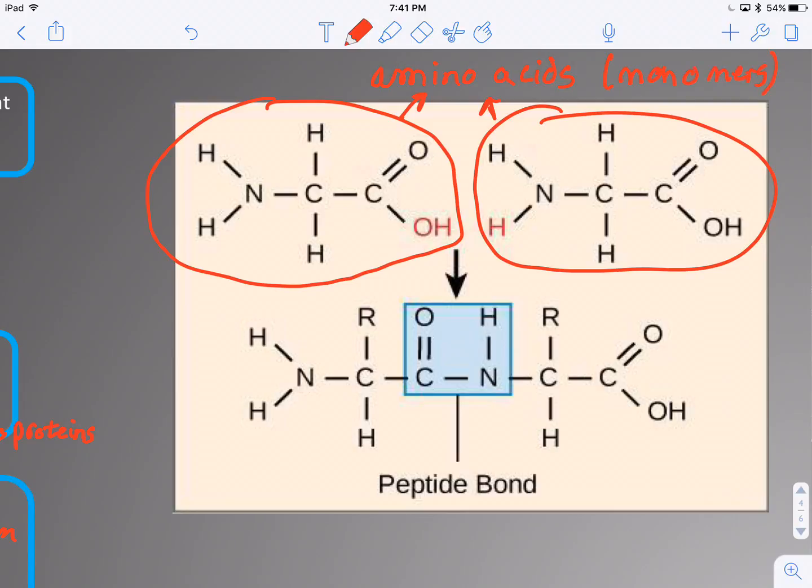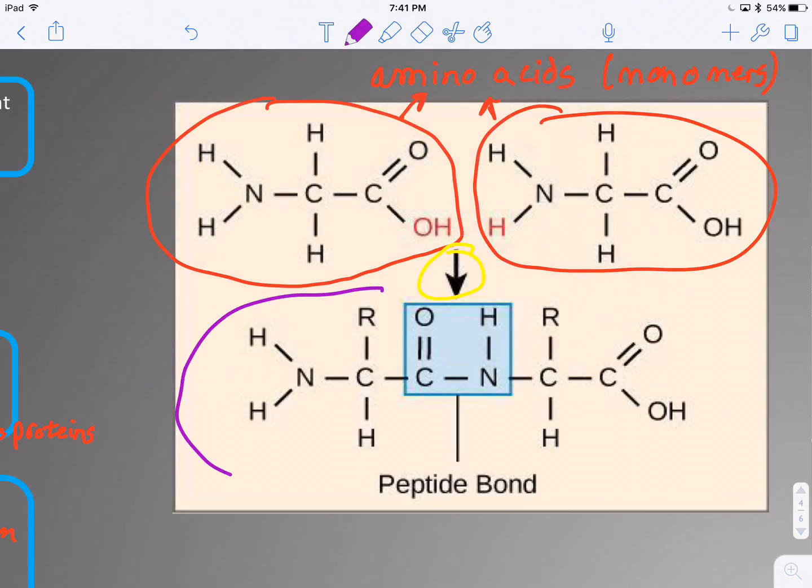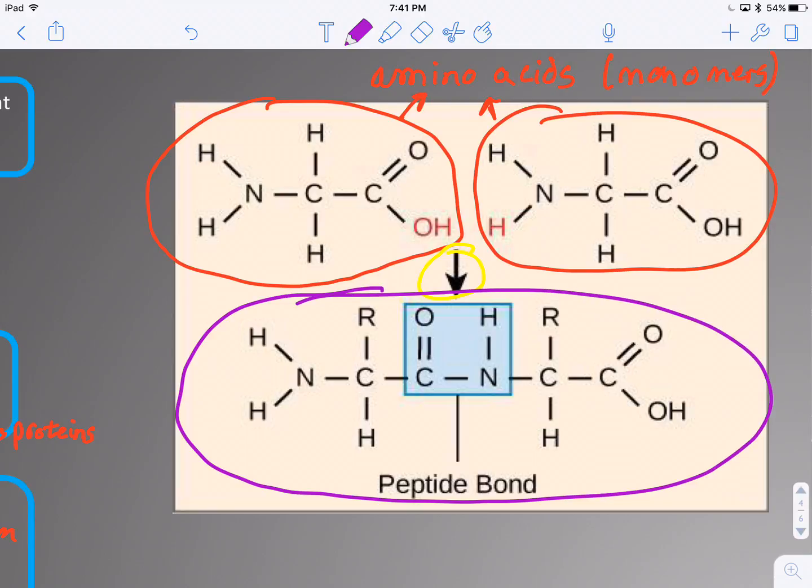And what you're seeing right here, when it gets to this arrow, this is where polymerization is happening. And then in purple, right here, this is the peptide, which is the polymer.